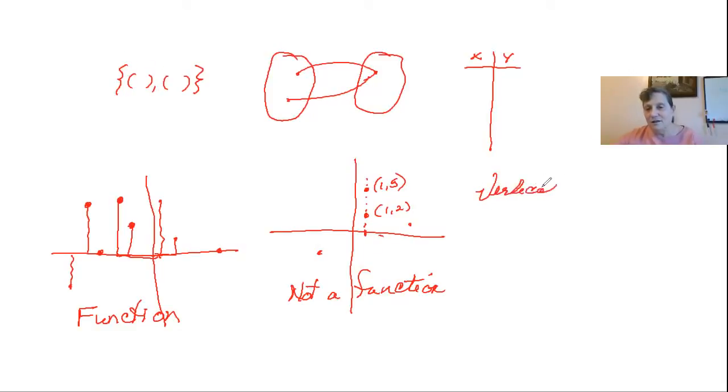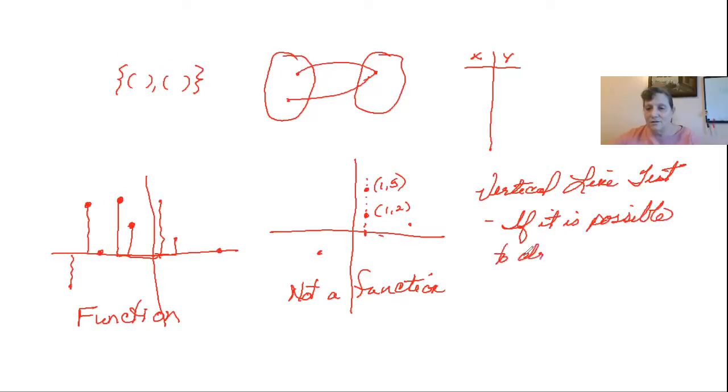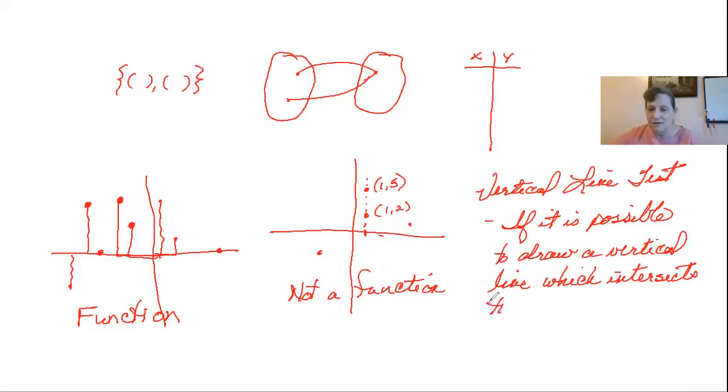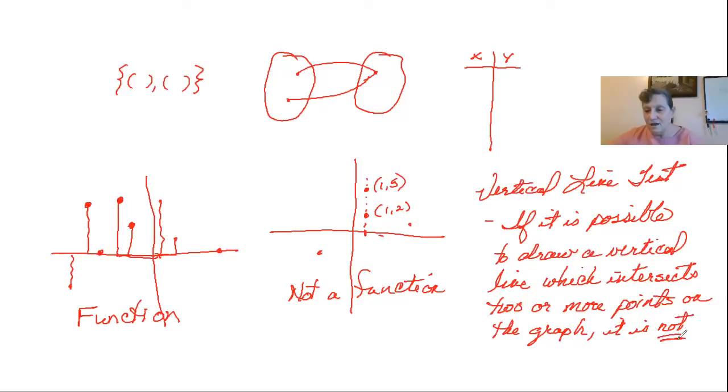We have a test called the vertical line test, which states: if it is possible to draw a vertical line which intersects two or more points on the graph, it is not a function.